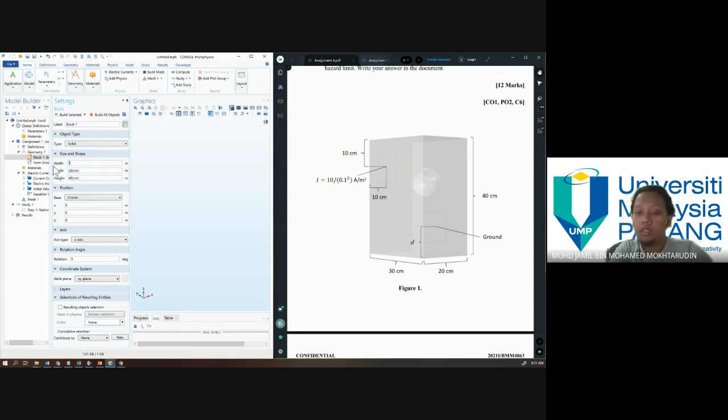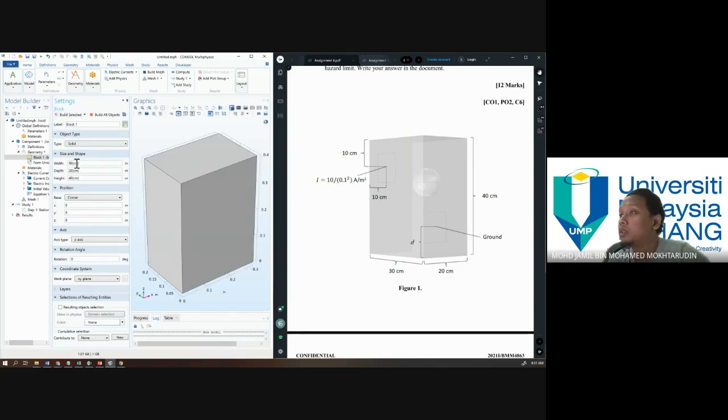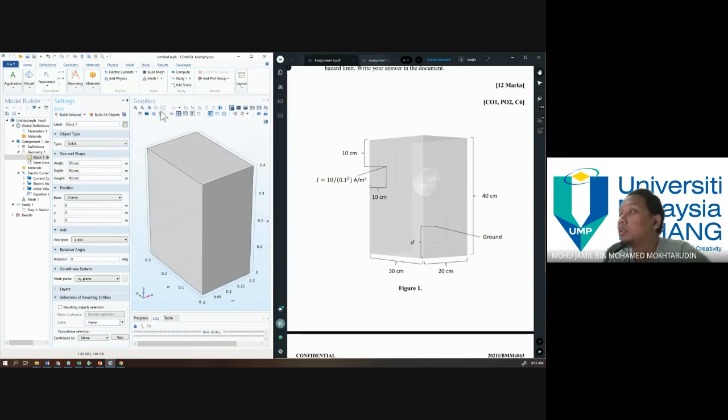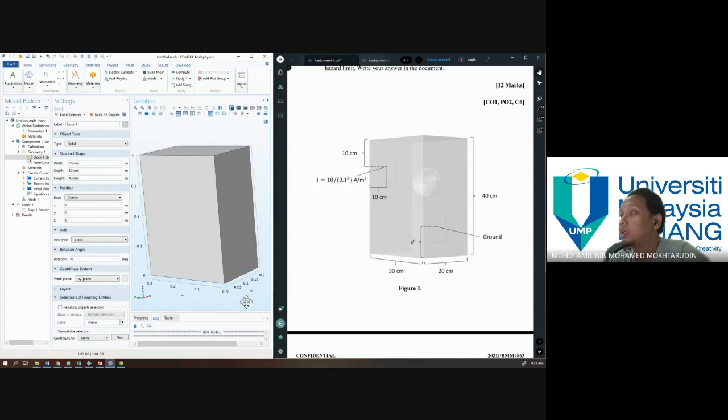And the width is 30. So try build. Maybe we change this. Okay. So we get the abdomen.